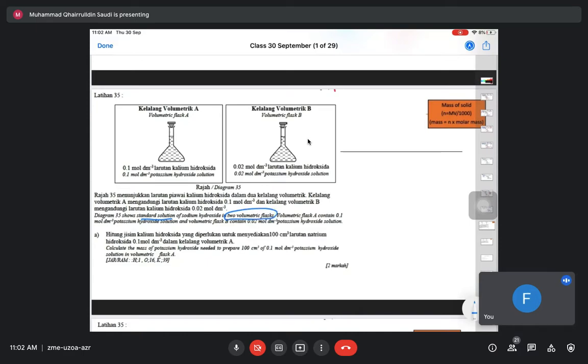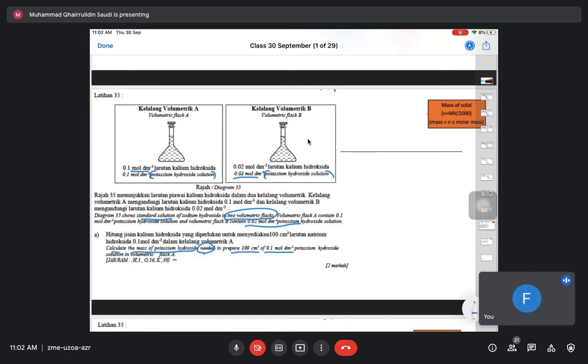Volumetric flask A contains 0.1 mole per dm cube potassium hydroxide solution, and volumetric flask B contains 0.02 mole per dm cube potassium hydroxide solution. So they are the same solution but different concentration. The question asks you to calculate the mass of potassium hydroxide needed to prepare 100 centimeter cube of 0.1 mole per dm cube potassium hydroxide solution in volumetric flask A.